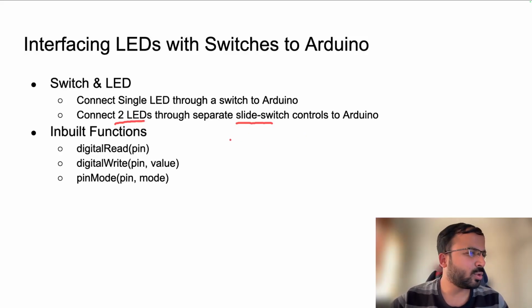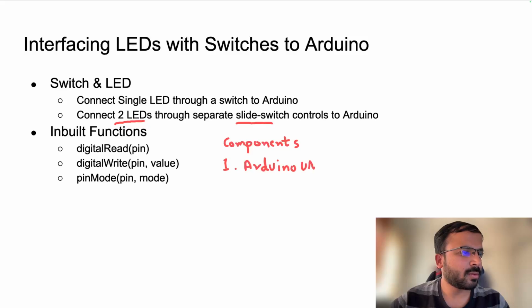So the components for today. If we list them down, first will of course be our Arduino Uno R3. Second component for today is a breadboard. Third is slide switch controls, or the slide switch.